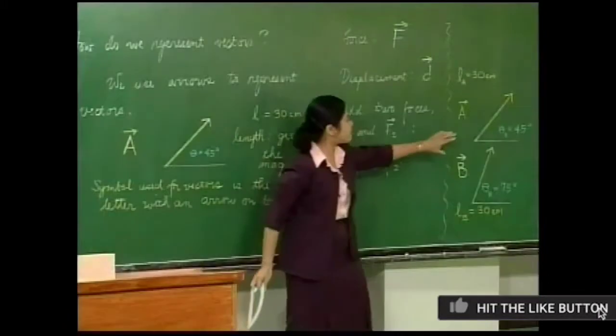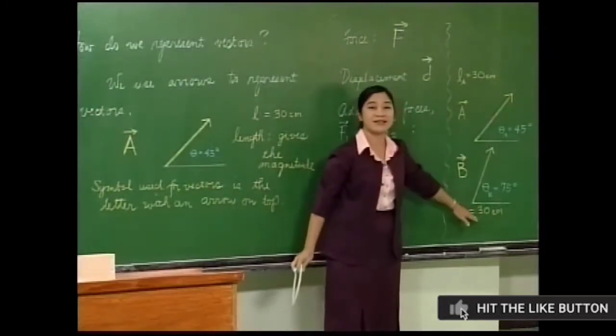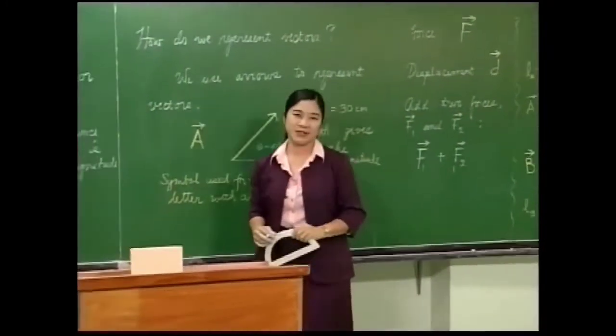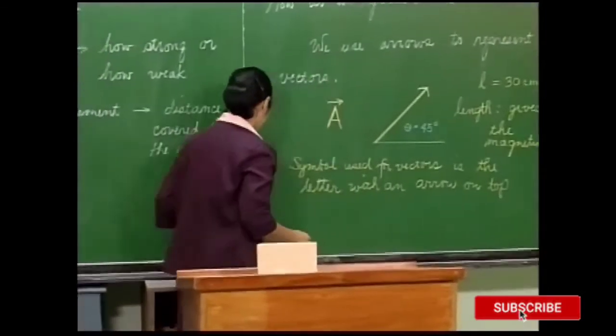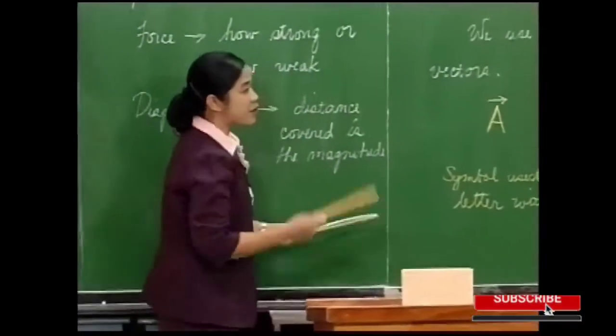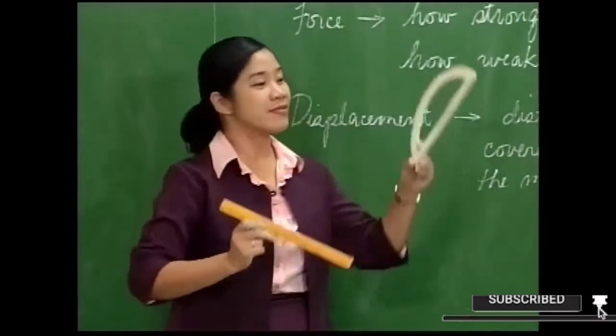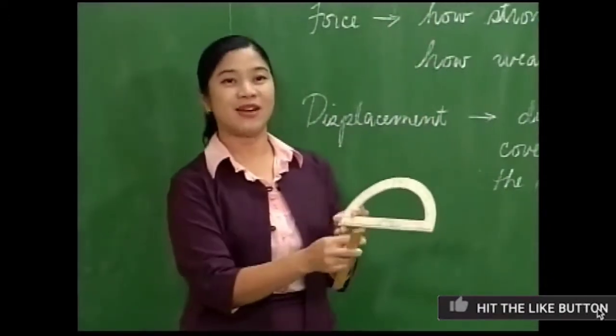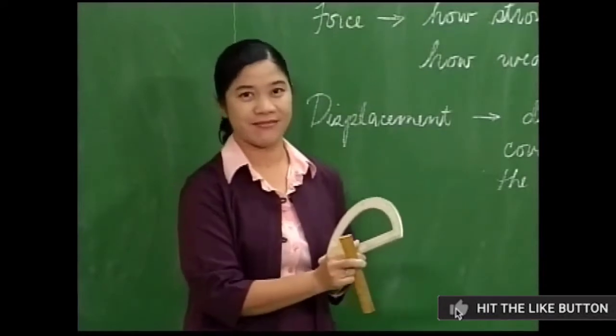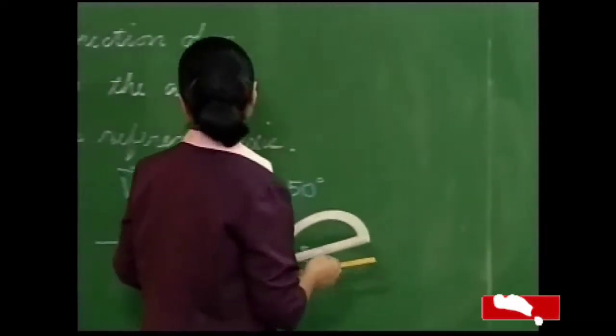So even if they have the same length, they have different angles, they are different vectors. Okay? So again, the length of the arrow will give you the magnitude of the vector, and the angle will give you the direction. That's all you need to remember.